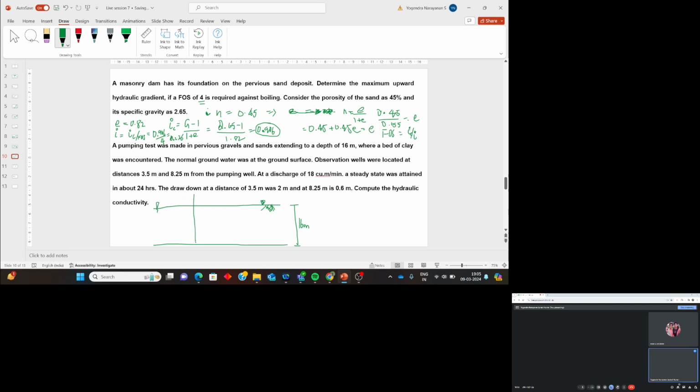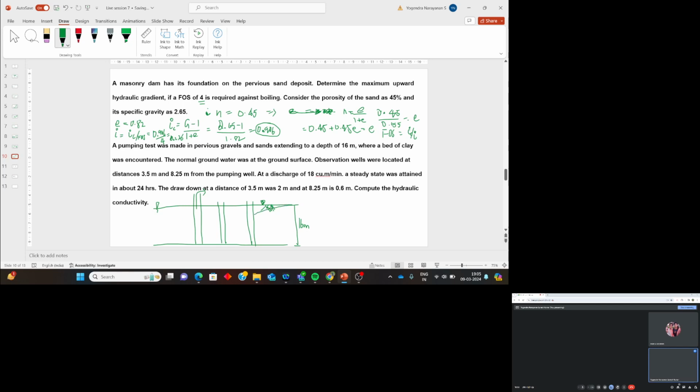Now you are taking out the water and you are drilling two observatory wells, one at 3.5 meters, one at 8.25 meters. Now what will happen? Initially this was here.